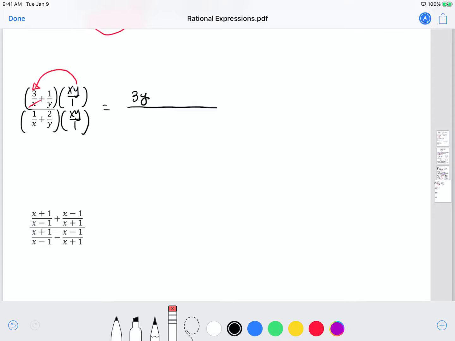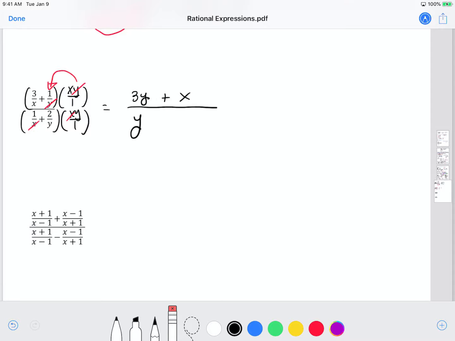So let me erase this and do the next one. Now I take xy times 1 over y, and I can cross off the y's, and I'm left with just x. Now on the bottom, I'm going to take xy times 1 over x, and I can cross off the x's, so I'm left with just y.